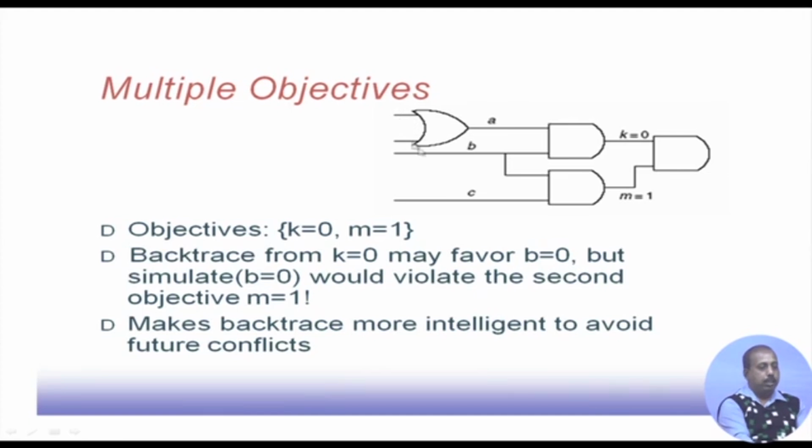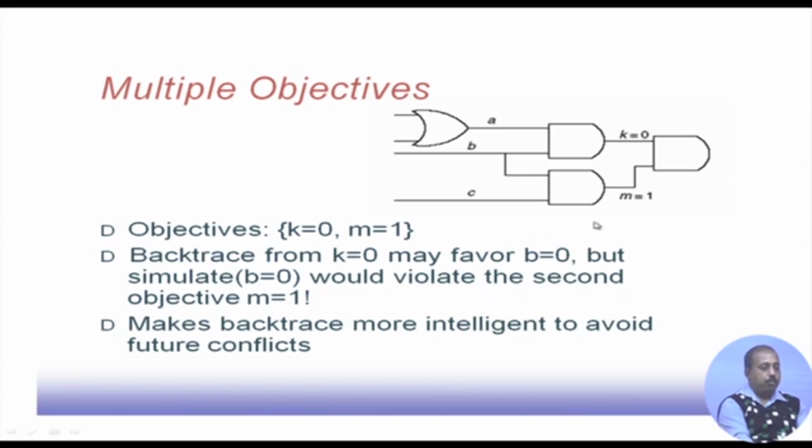But suppose the algorithm picks up the b input first and justifies k equal to 0 by setting b equal to 0. But when we simulate b equal to 0, we see that m becomes equal to 0. So, that gives rise to a conflict. It violates the second objective, m equal to 1.